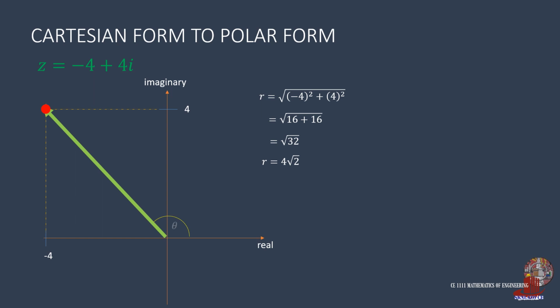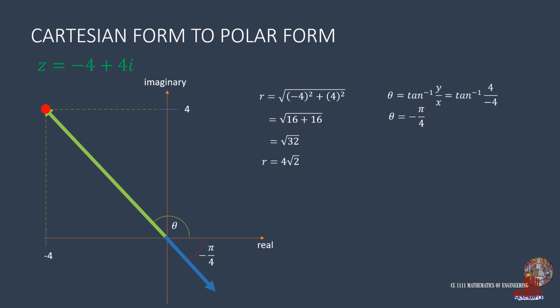Theta, on the other hand, is the inverse tangent of y over x, that is, the inverse tangent of 4 over -4, which gives theta as -pi over 4. As it is negative, this theta is drawn from 0 degrees just the same, but it is a quarter of pi clockwise, which shows a vector pointing opposite the original vector.